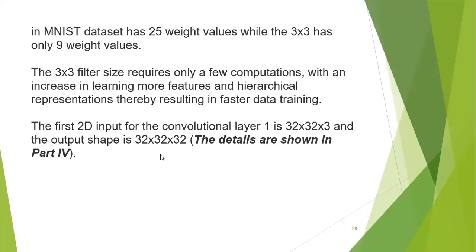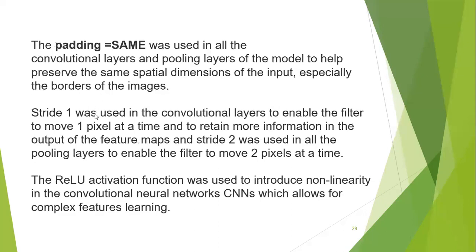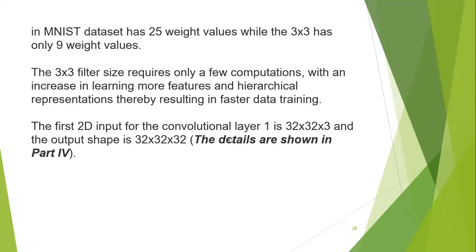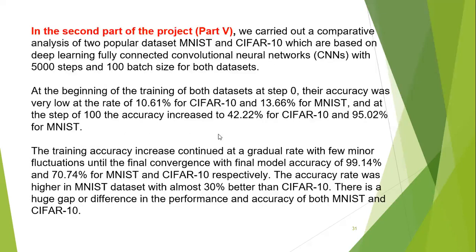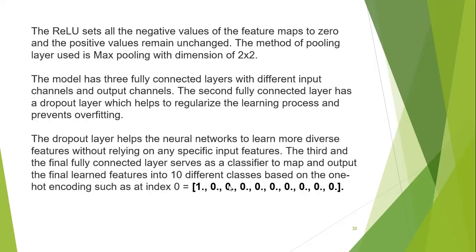Here you can see the MNIST has 25 weight values, while CIFAR has 3 by 9. And the 2D input of the convolutional layer is 32 by 32 by 3, as I've explained before. And then for the one-hot encoding, as I explained in the beginning.